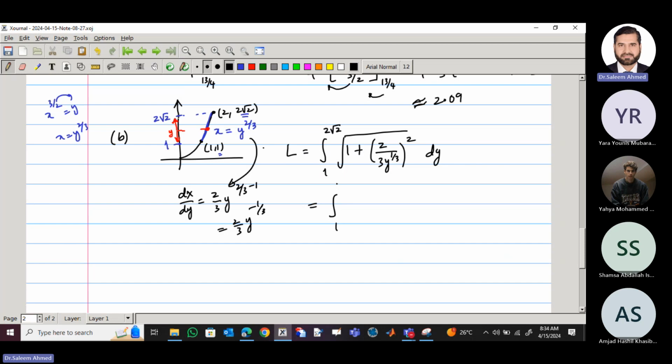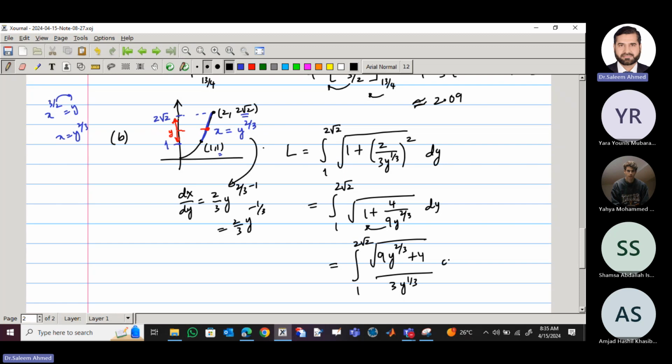So now if I simplify the integrand first, I cannot integrate directly. So this will become 1 plus 4 by 9 y to the power 2 by 3 dy. Take the LCM and multiply it here. It will become the square root of 9y to the power 2 by 3 plus 4, divided by 3y to the power 1 by 3 outside the square root, from 1 to 2 square root of 2, dy.